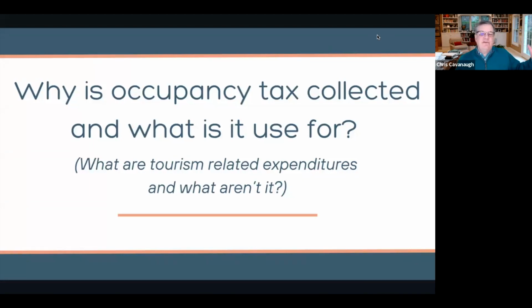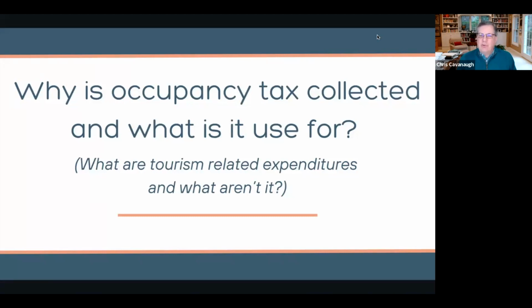It includes everything from debt service associated with, say, building a convention center or a civic center or some type of conference center in your community, to giving grants for events, to doing things like wayfinding signage or operating your visitor center, any number of different things that we call tourism-related expenditures.